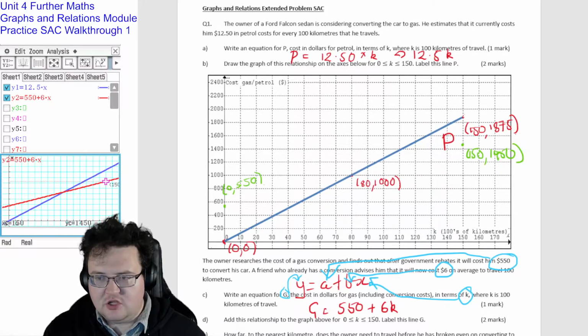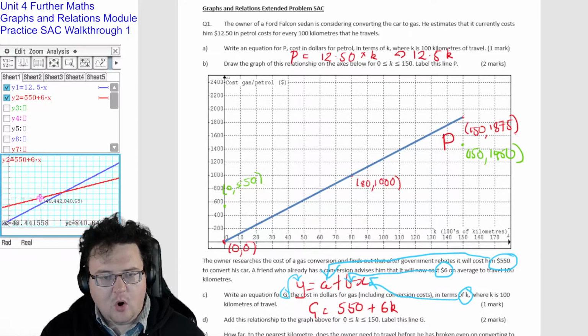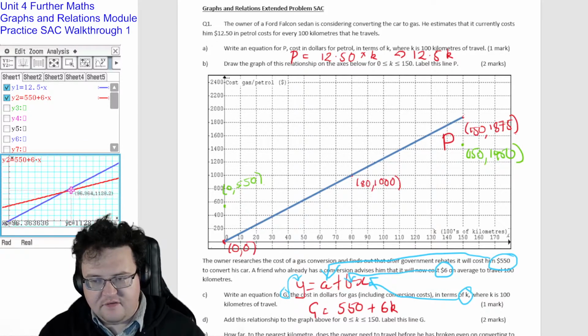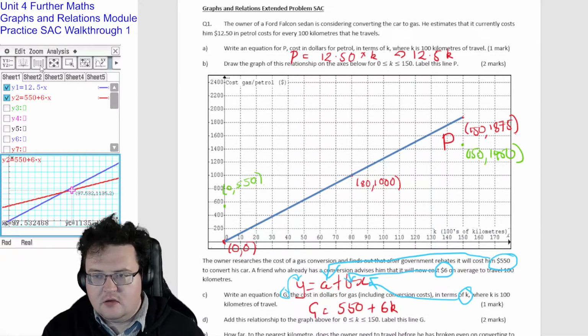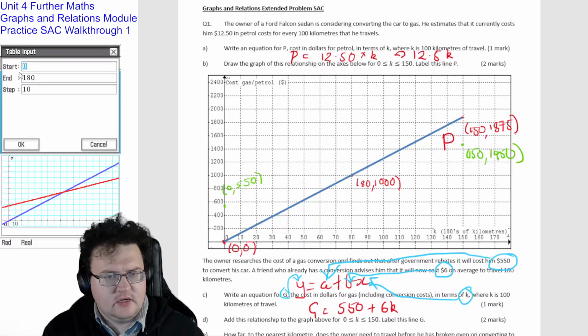But I think just to make sure that we're getting perfectly accurate, let's use our CAS and move along to see if we can find something a little bit more consistent. Rather than trying to find a needle in a haystack, we can press this button here and it brings up a table of values. I've got it set up here.